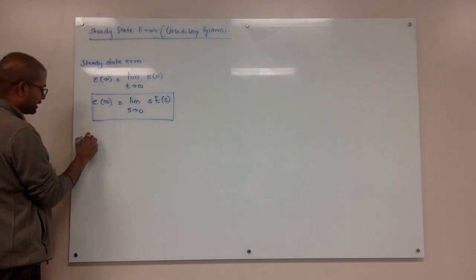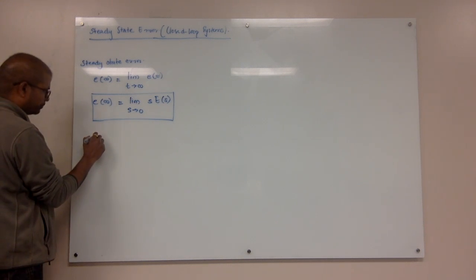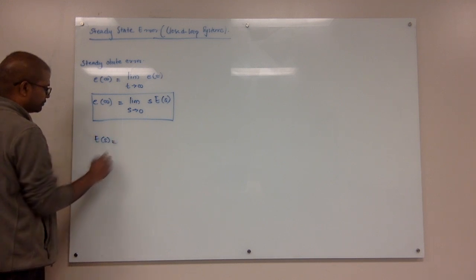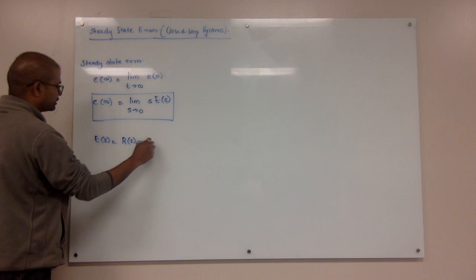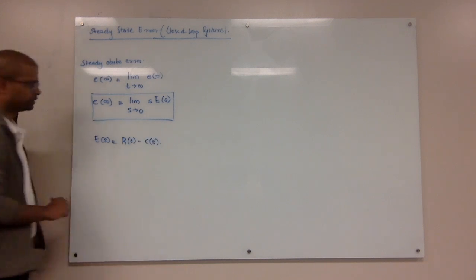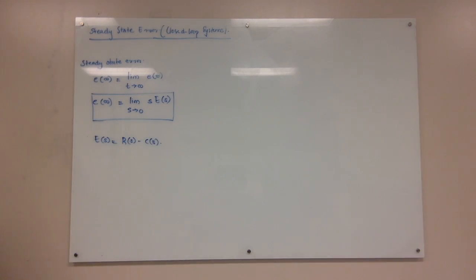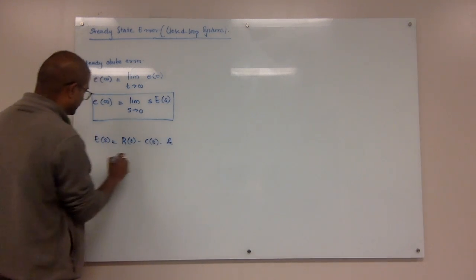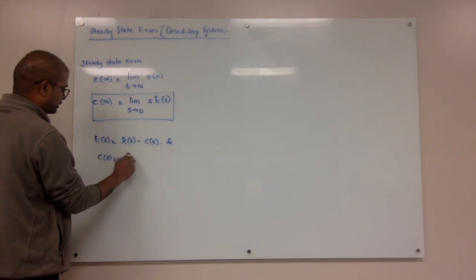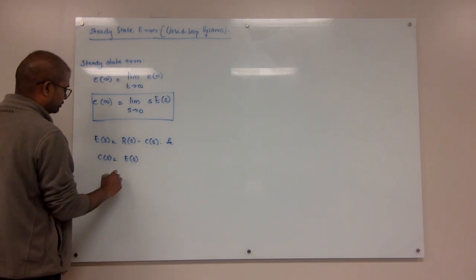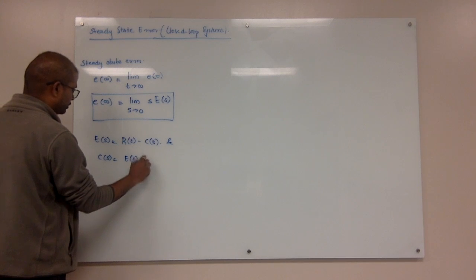What do you know E of S as? I gave you this. It is R of S minus C of S. And C of S is what? E of S times G of S.